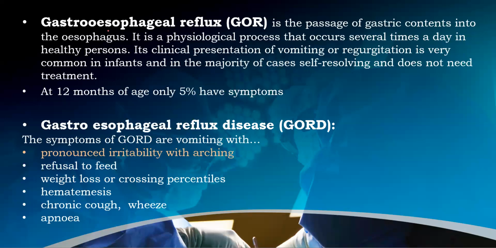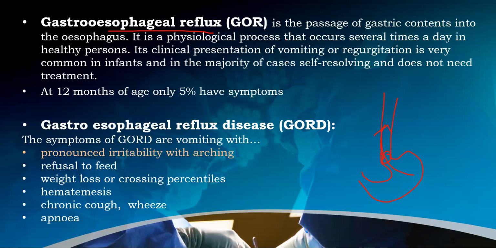Gastroesophageal reflux is a physiological thing that happens in children because the lower end of the esophagus is very immature and does not have enough strength to prevent the acidic reflux. So each time you feed them, they usually end up having some reflux or regurgitation. And that is normal. It's not abnormal, it's a physiological thing.